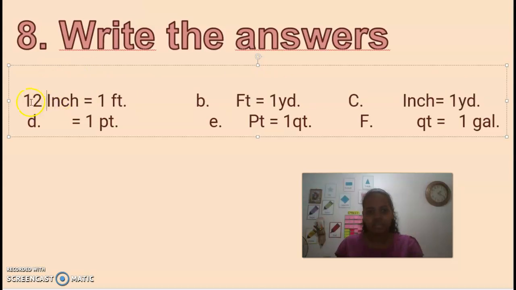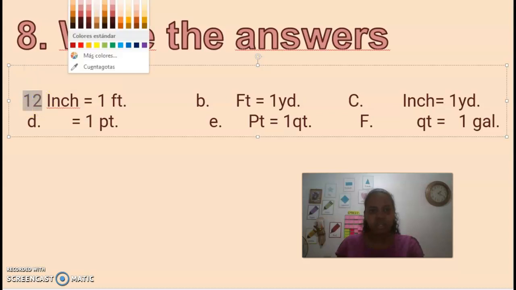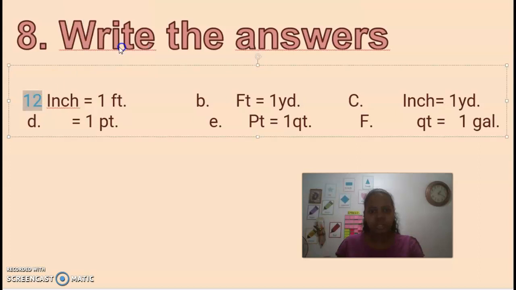In letter A, 12 is the correct answer. 12 inches. I'm going to put it in another color so you can identify it better. So 12 inches are equal to 1/5.